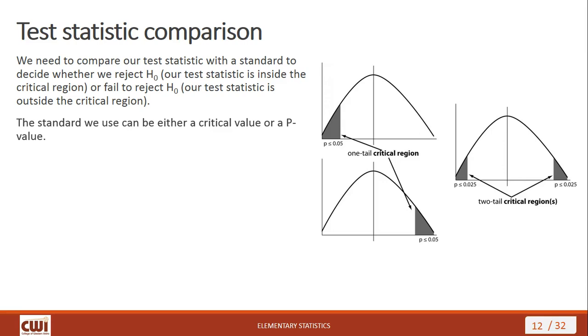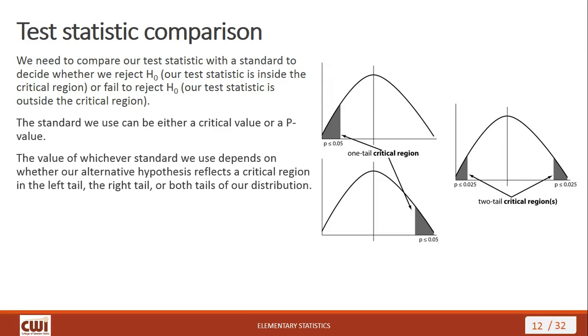Now, there's two different standards that we can use. We can either use a critical value or we can use a p-value. We just have to remember to make comparisons of like with like. So if we have a test statistic, we're going to compare that test statistic with a critical value, because test statistics and critical values are both horizontal values for our distribution.